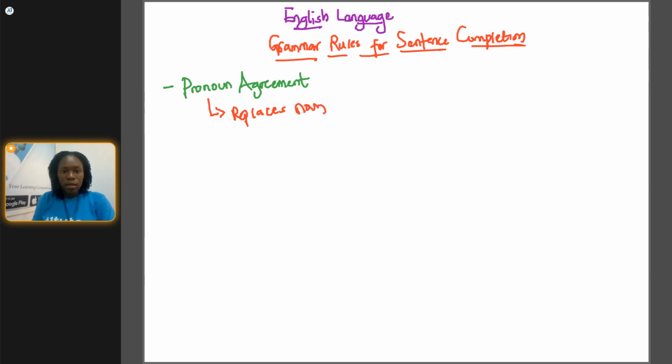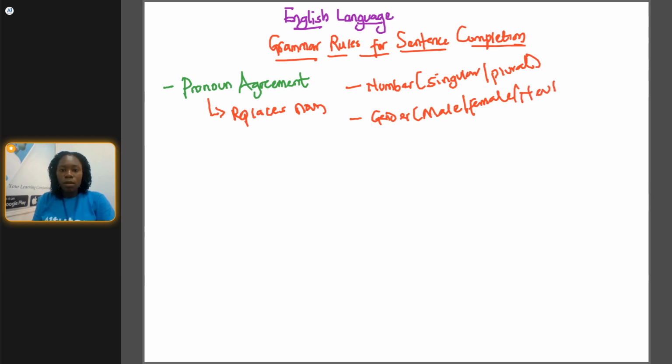When we are talking about pronoun agreement, we talk about number, in terms of being singular or plural, and we also talk about gender, that's male or female, or neutral. So a pronoun must agree in number and in gender with its antecedent.